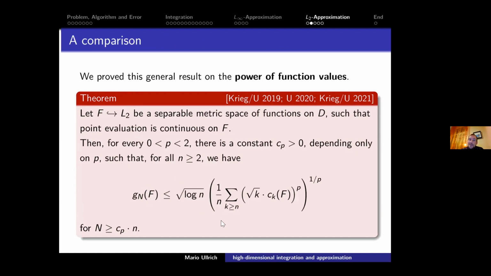But you still might be interested in a setting like I had before, where the class is C^k and you have D input parameters, and you want to know if you can do it with function evaluations, if this makes sense in high dimensions.